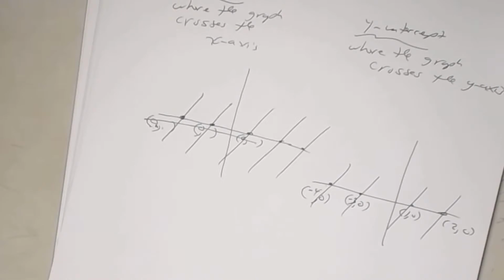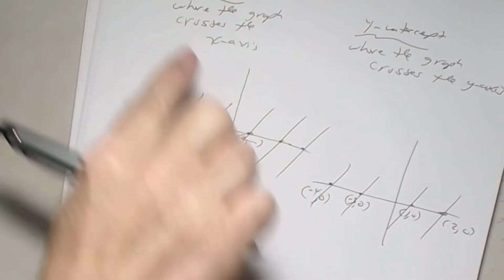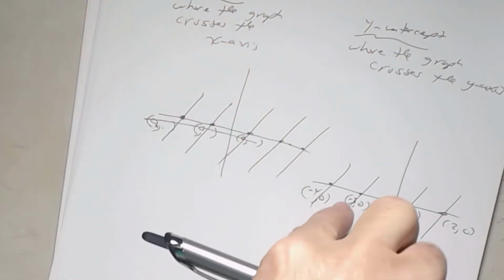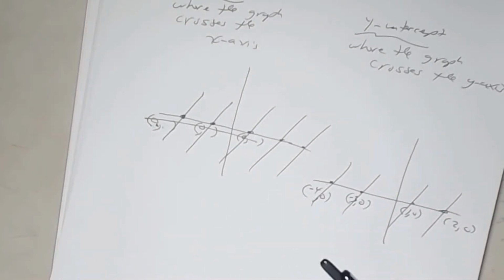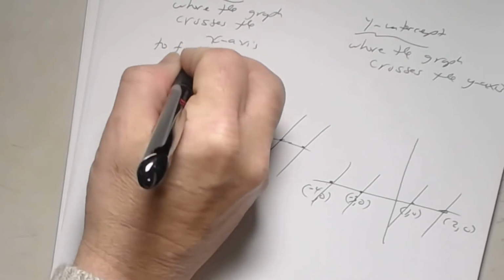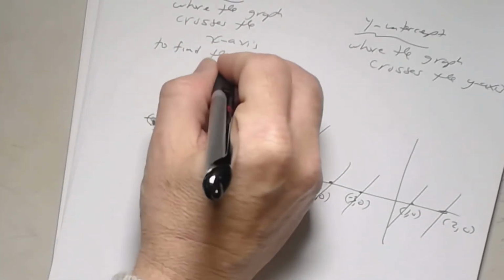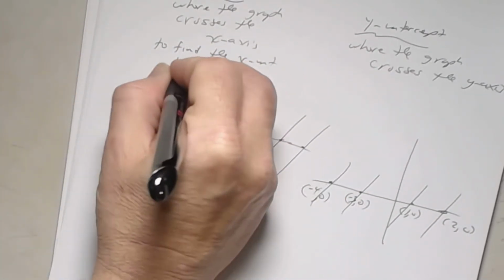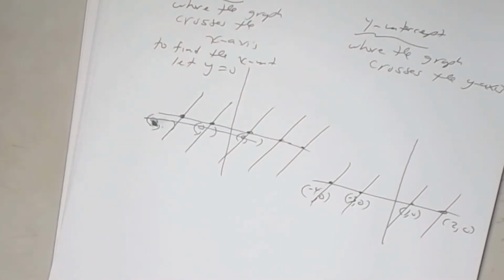Okay, so be careful. To find the x-intercept, the y has to be what? 0. So to find the x-intercept, you're going to let y equal 0.